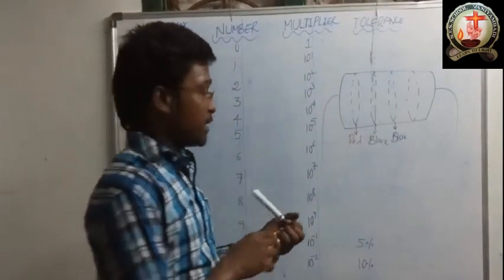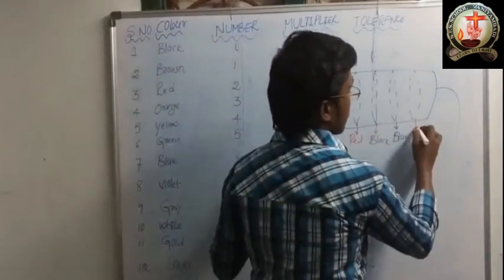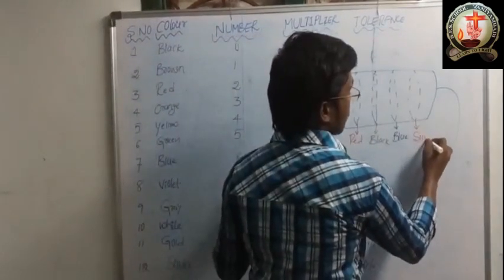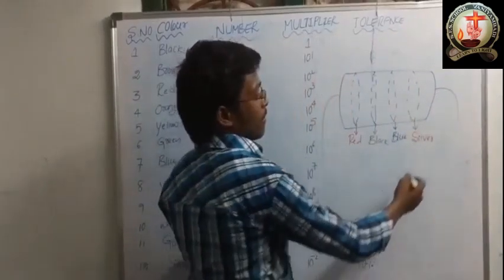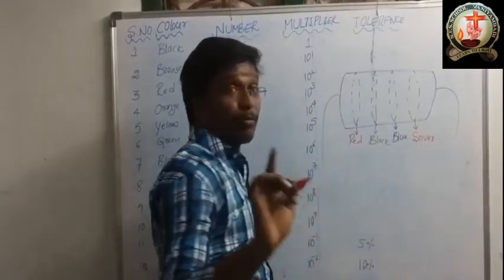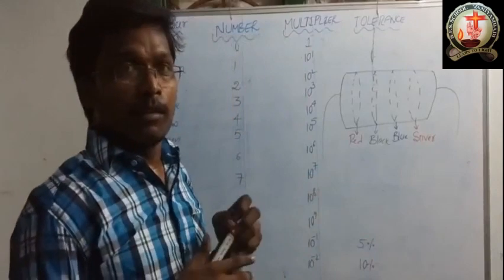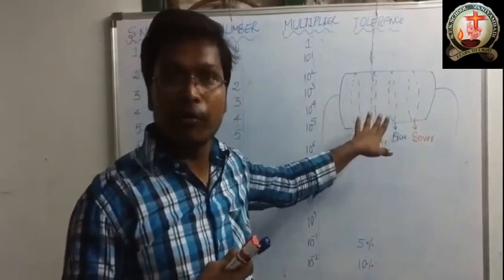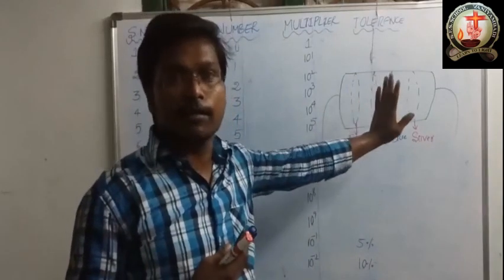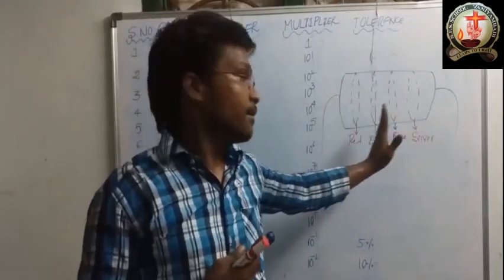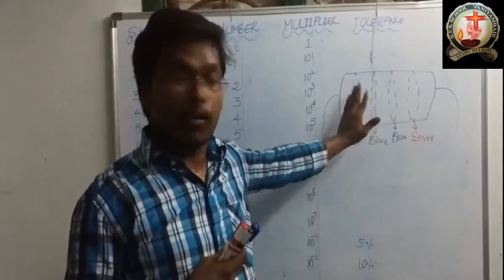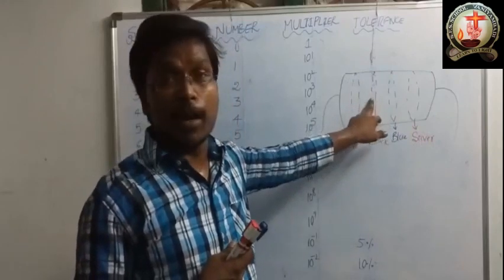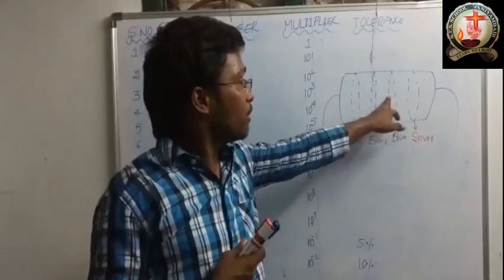And this fourth ring is silver. Remember this. Like this, in the examination, they will give the conductor. First ring, red color they will give; second ring, black color; third, blue color.